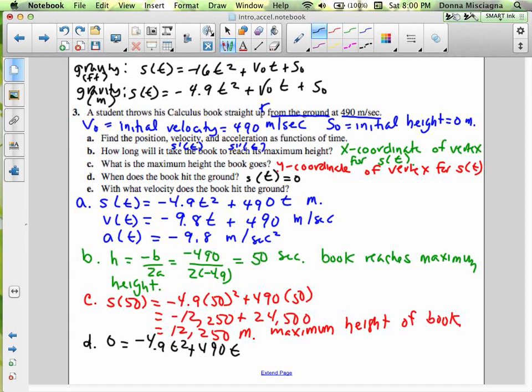Let's factor out the greatest common factor, which is negative 4.9 t, and that would give us t minus 100.